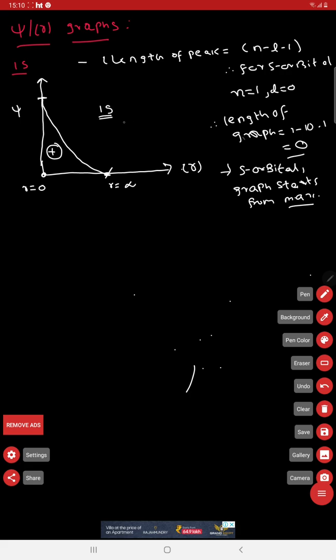You may say, sir, here r equal to 0 is there and r equal to infinity is there, so is this one radial node?